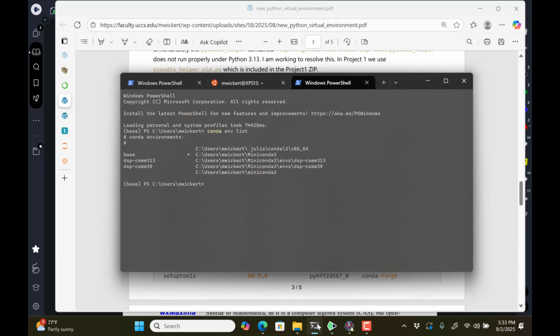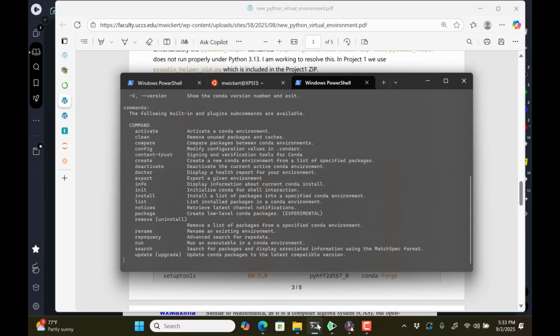And you can see the one that I want in there. If you want to know what your options are with conda, --help should give you all these different options you can have. But we're going to go conda, and this is in the document we were looking at, conda activate.